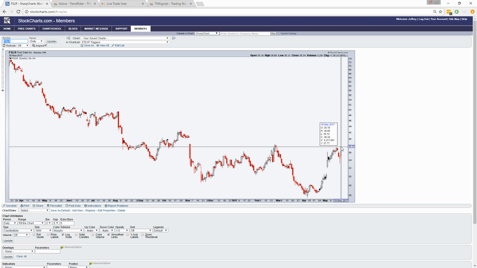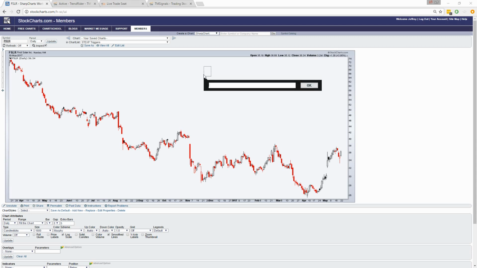But let's do the math on it. Let's just say that we have one trade where 10 cents goes to $1. Great, 10 cents to a buck. That's a nice game.